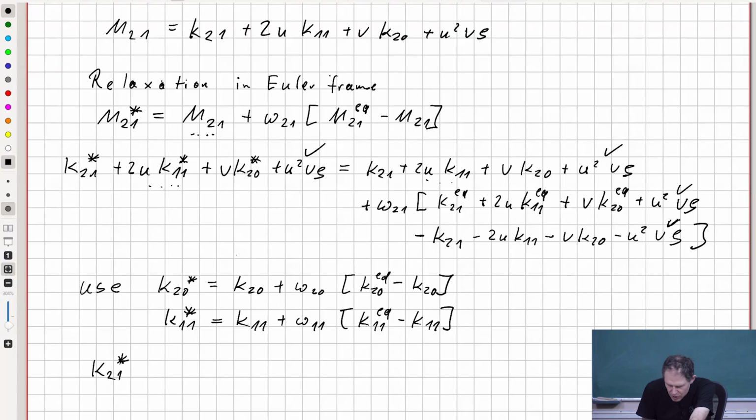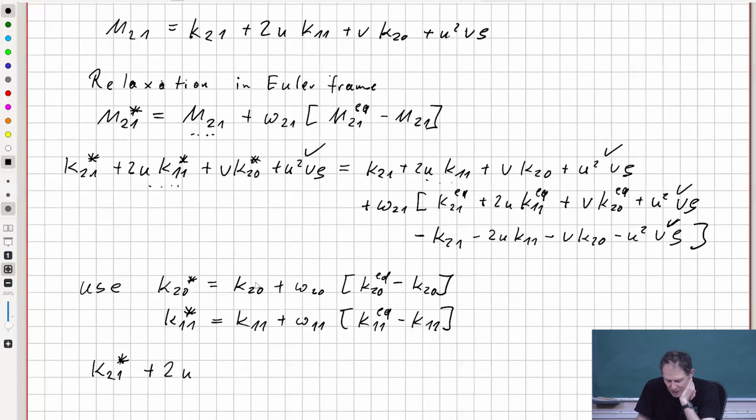Okay, my notes have a mistake, I guess. I'm already doing a simplification here, because we see that this K20 asterisk always comes with the pre-collision state first. On the other side, we have the pre-collision state.